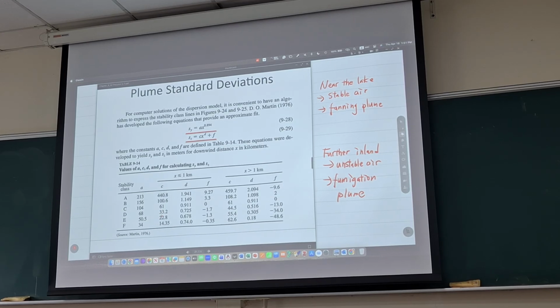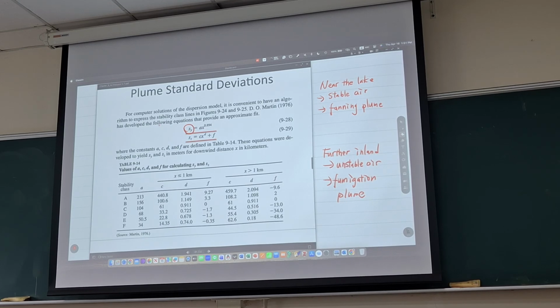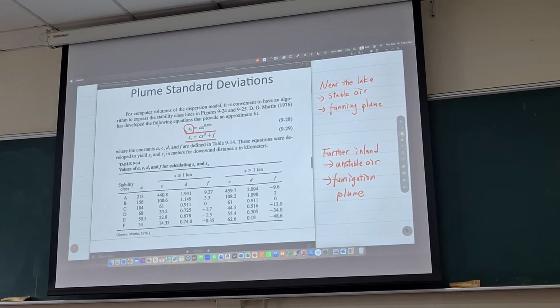So next, I would like to show you the Briggs standard deviations. The first one is sigma y. The s stands for standard deviation, right?